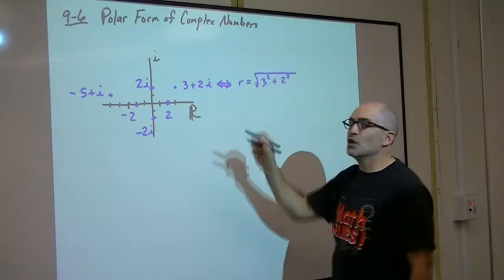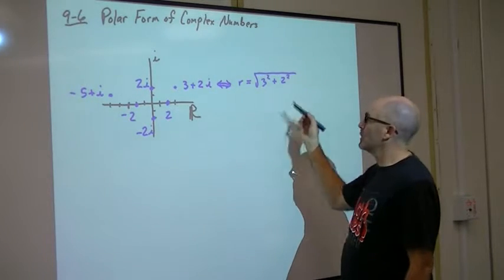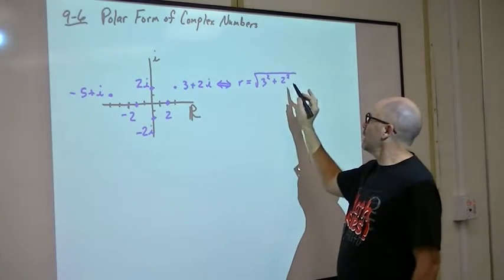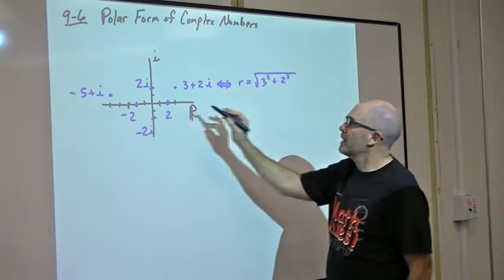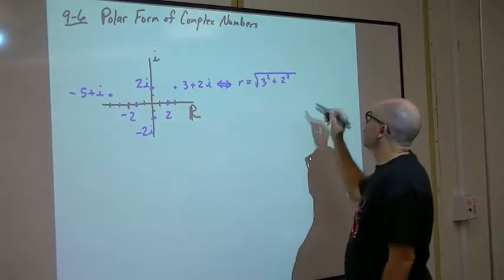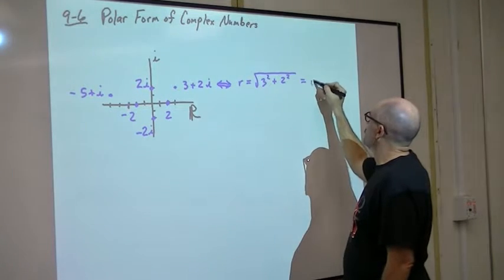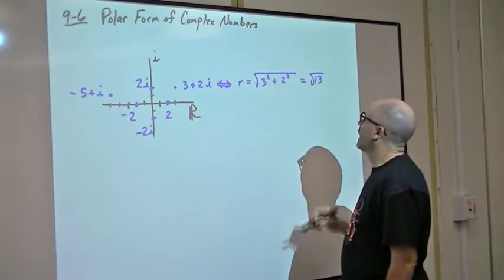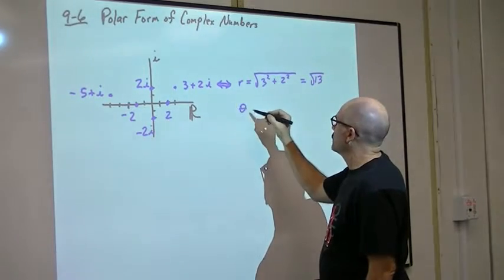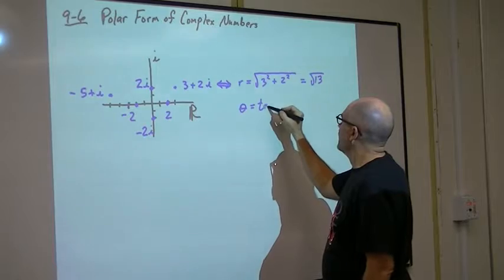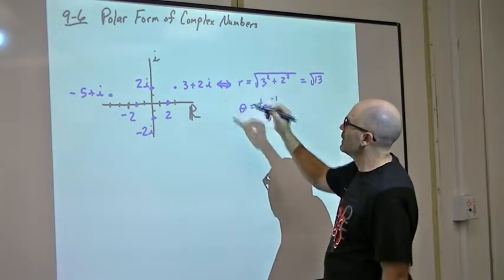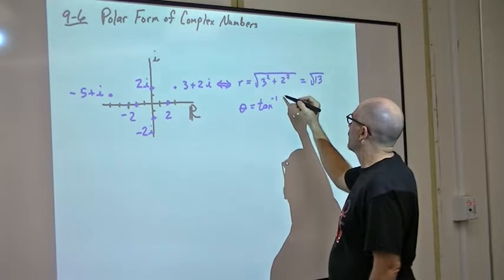Now notice it's not 2i squared, it's just 2 squared. We don't care about the i when we calculate r, because we're basically just trying to find the distance from the origin to the point. So this ends up being square root of 13. And the theta, just like we did before, is going to be the inverse tangent of y over x, or in this case, 2 over 3.